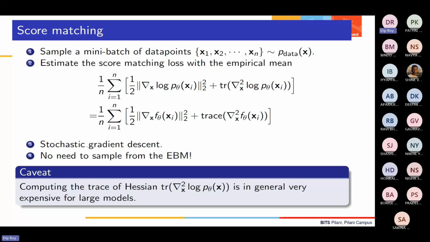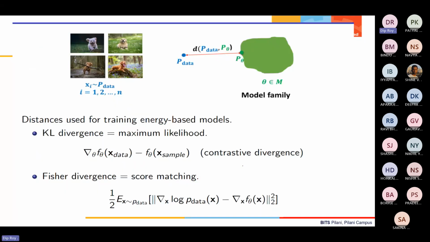You do stochastic gradient descent, and there is no need to sample from the EBM. Okay. And obviously the caveat is that computing the trace of Hessian in general is very expensive for large models. Okay. So this is one technique where you don't need to sample from your EBM.